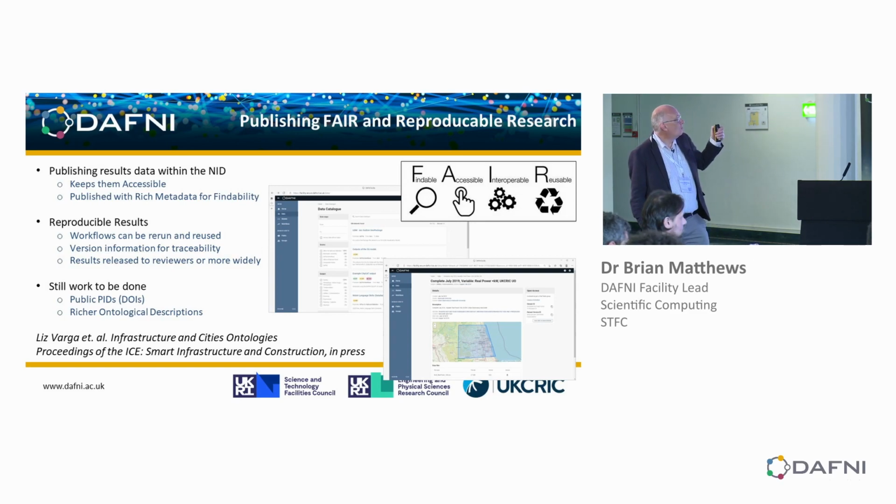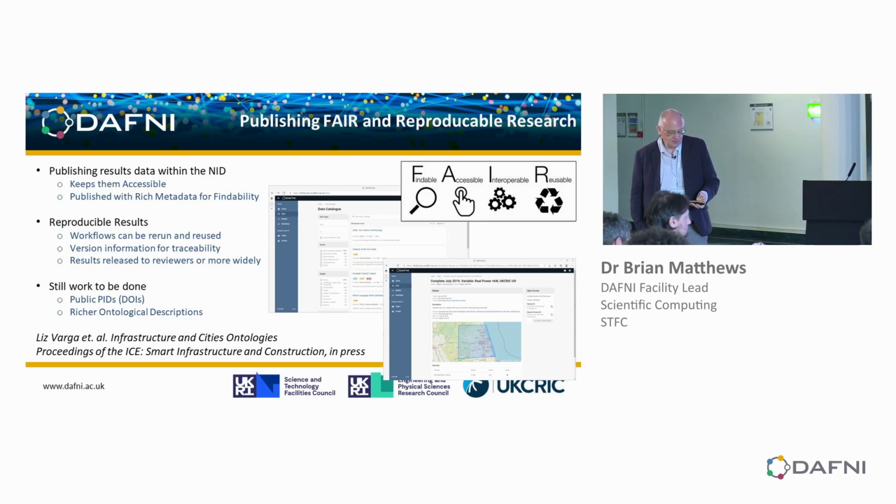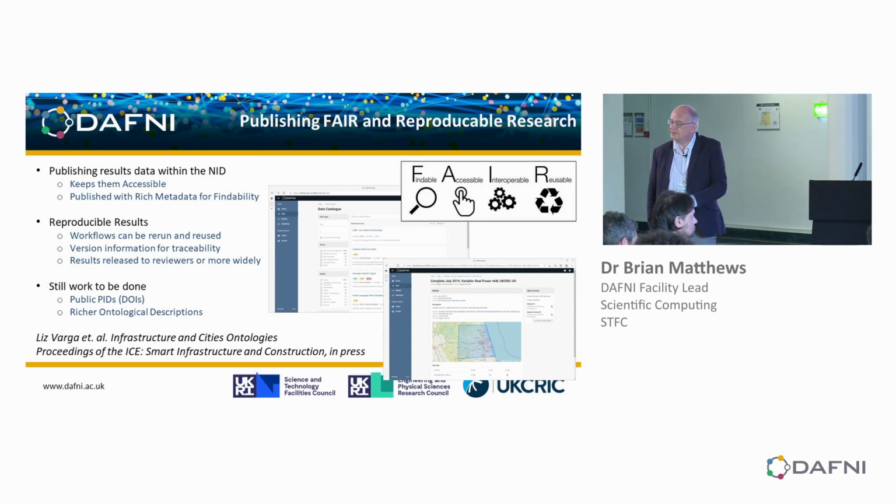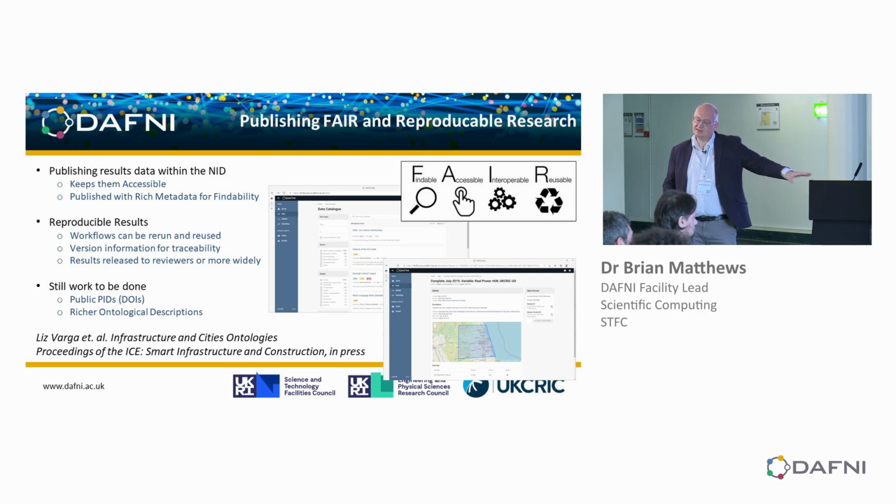And then, because we can rerun and reuse the models and the workflows, we get really good reproducibility as well. And the version control system that we have in the system gives really strong traceability. You can work out which version has been used for which output. And if you want, you can release the results to reviewers, giving them access to review, validate and rerun your result, to check you're doing the right kind of things.